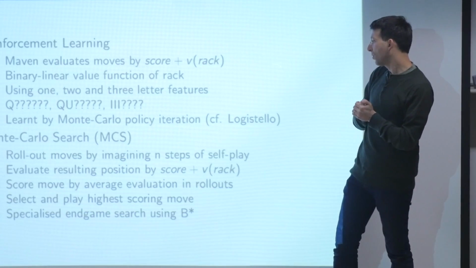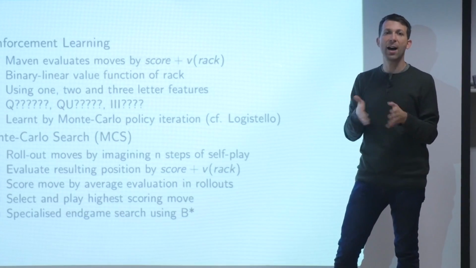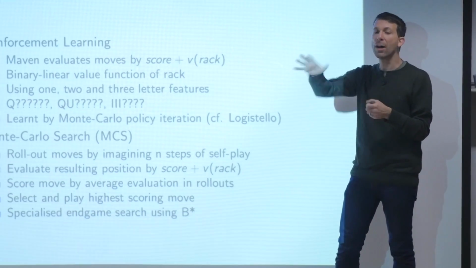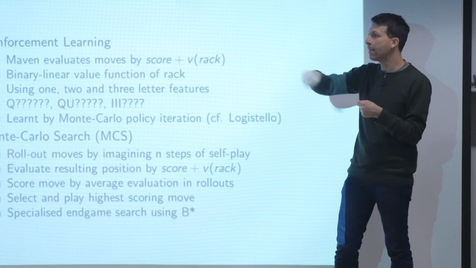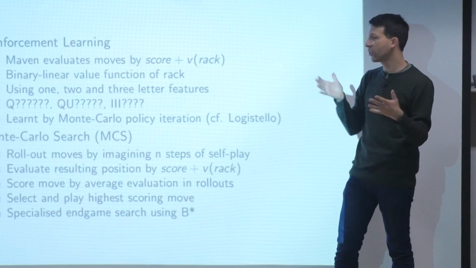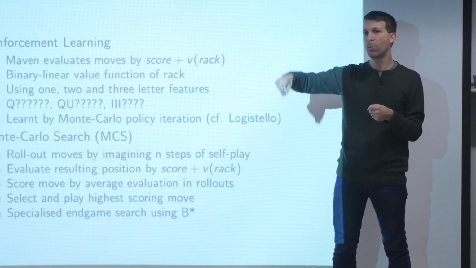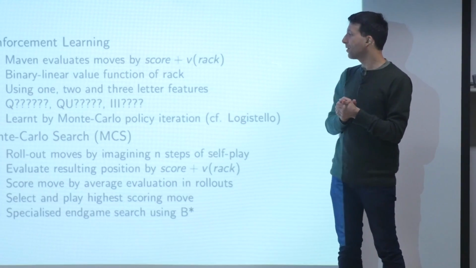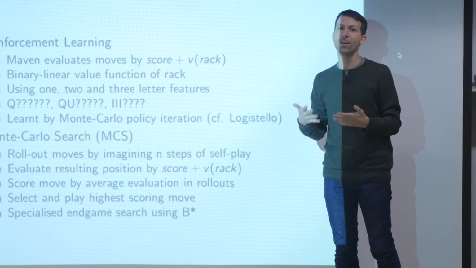And it will select and play the move which has the highest average score. So you just keep imagining what will happen without improving that strategy. Just keep imagining games, trying a few hundred games in your imagination, randomizing over what you think you're going to pick out of the bag, and then just play the highest scoring move. This is a really, really powerful form of look ahead.